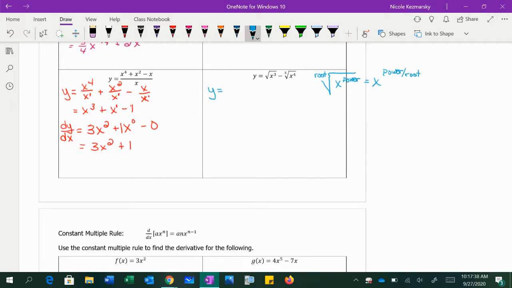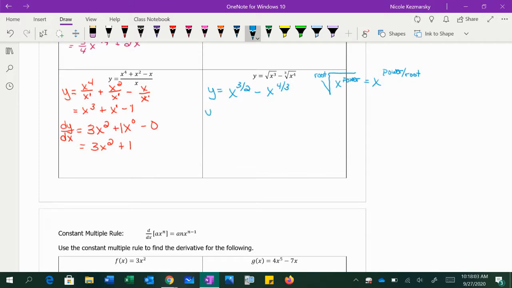Okay, so that's a couple years out, so let's review it a little bit. So the first one, the power is 3, the root is 2, so it becomes x to the 3/2. Minus, for the second one, the power is 4, the root is 3, so it becomes x to the 4/3.